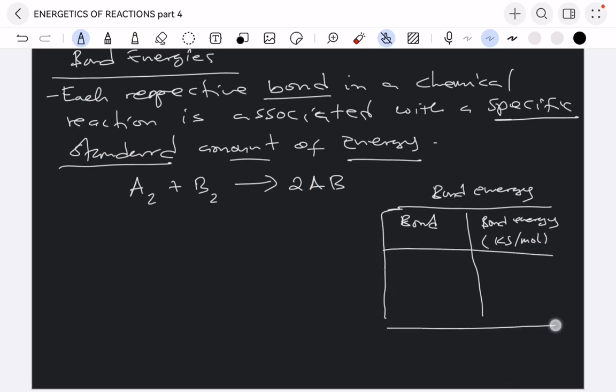So I will be provided with a table that shows the standard amount of energy.